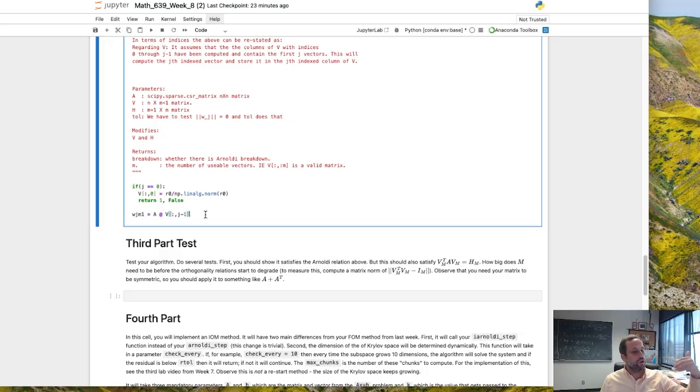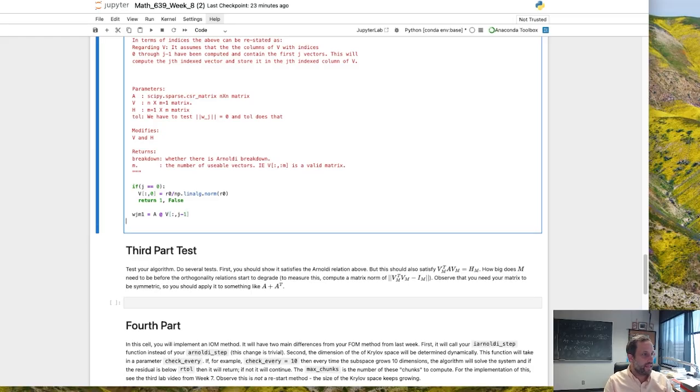If you look in the book, it says w_j is equal to A v_j minus beta_j v_{j-1}. This is going to turn out to be the same formula, and I explained a little bit about why that is in the lectures. The reason is just that v_{j-1}, or that v_j, is also going to be orthogonal. Well, let me just write this out. Okay, so H bar, this is going to be the first H bar_{j-2, j-1}.